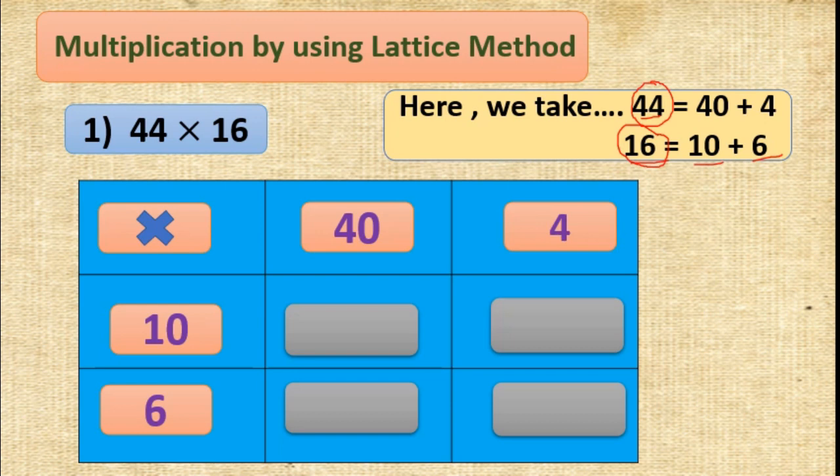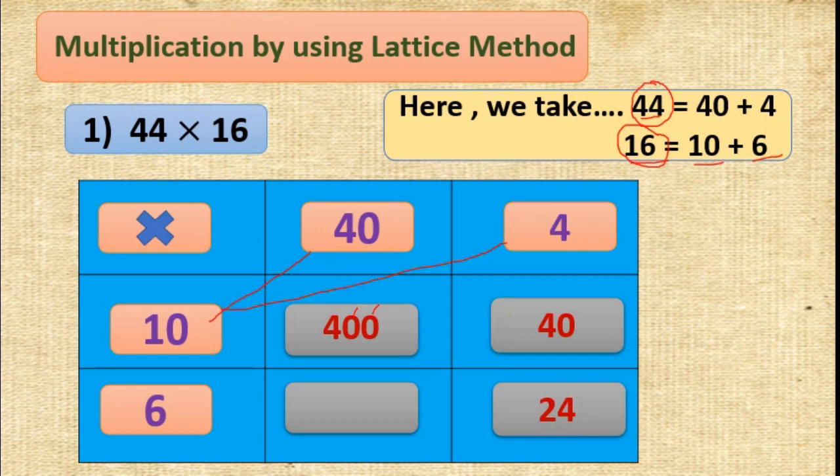Now we will multiply 4 and 40 by 10, and then 40 and 4 by 6. See, first by 10. 10 multiplied by 4 is 40. Now 10 multiplied by 40 is 400, because 4 ones are 4 and this one 0 and this one 0, so we gave 2 zeros. Okay. Now 6 into 4. 6 4s are 24.